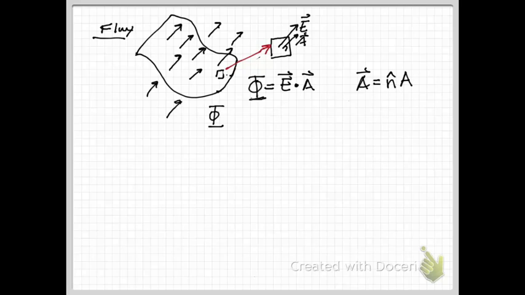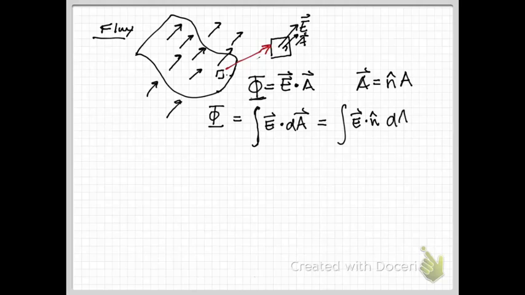So phi is equal to the integral of the electric field dot product all the teeny tiny pieces of area. And since we've talked about the whole simplification thing, we're going to change the dot product to the field and the normal vector times dA.